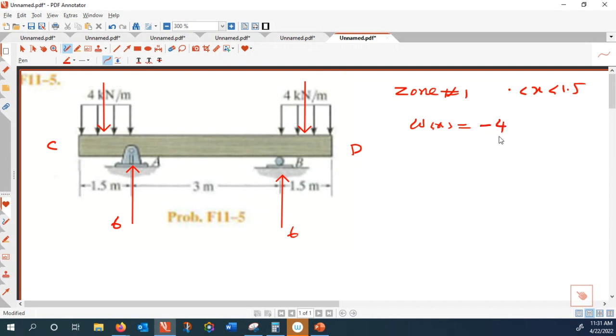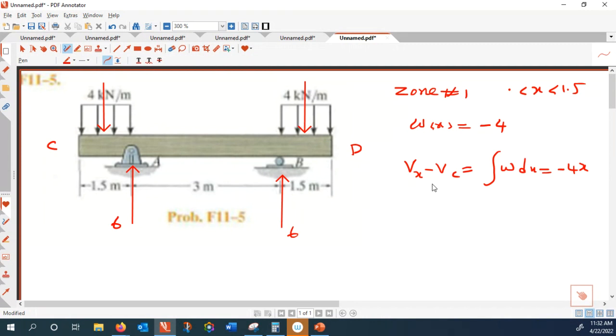That is minus 4. And then I want to write an expression for zone 1, that is V of X minus V of C is equal to the integral of W dx, which is minus 4x. But what is V of C? Zero.